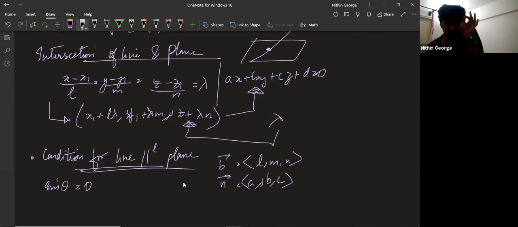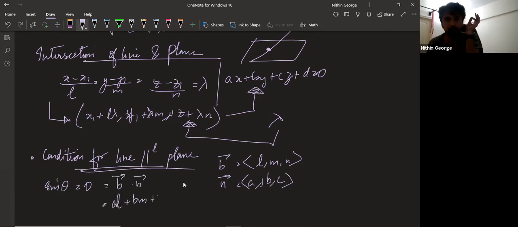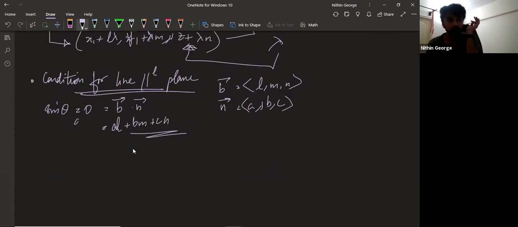And sine theta's numerator was B dot N, which comes out to AL plus BM plus CN. This should come out to 0. So sine theta is 0, theta is 0 or pi. Either is possible. It can be facing the same direction or facing the opposite direction.